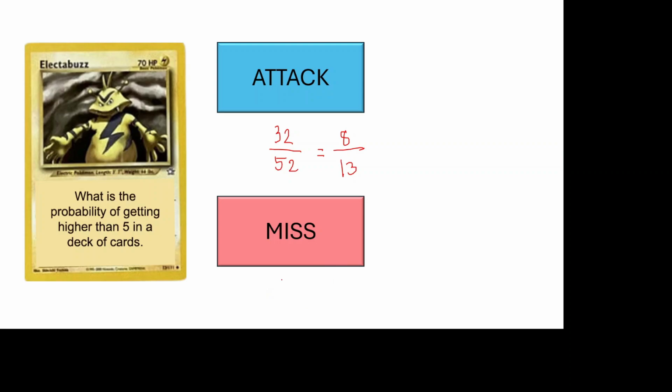So if we were given that specific condition, we only have 6, 7, 8, 9, 10 as the ones higher than 5. So there will only be 20 in total over 52. So 20 over 52, they are both divisible by 4 again. So this will only be 5 over 13. So I would have considered both answers here because it's not specific what game we are considering.